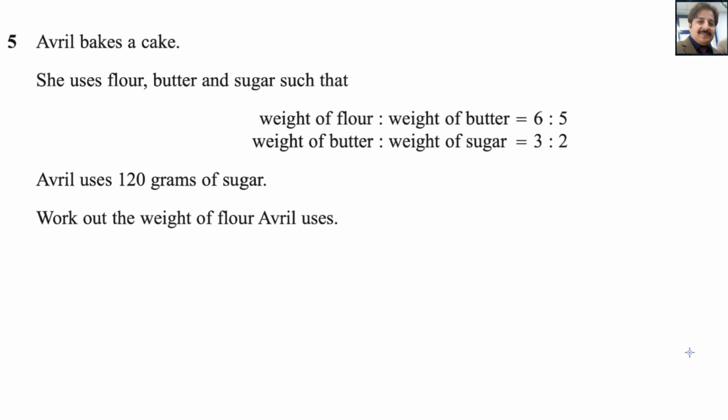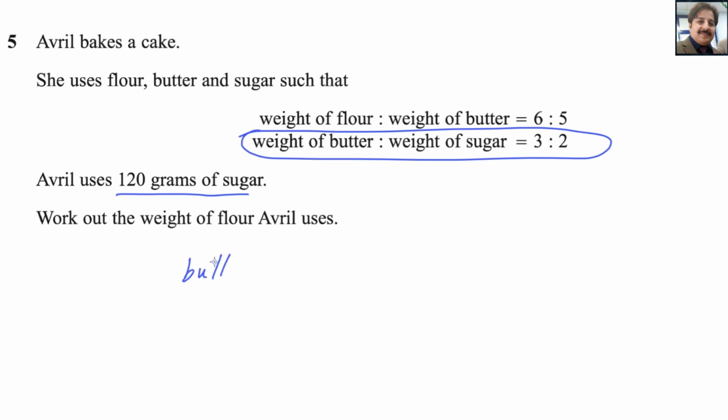Avril bakes a cake. She uses flour, butter and sugar such that weight of flour ratio weight of butter equals 6 ratio 5. Weight of butter ratio weight of sugar equals 3 ratio 2. Avril uses 120 grams of sugar. Work out the weight of the flour Avril uses. Just only one thing is given and ratios are given. Easiest way, because the sugar is given here, so I will take this ratio.